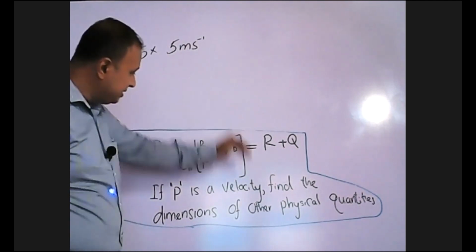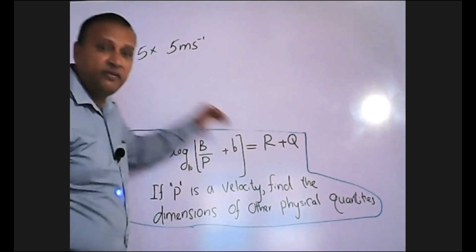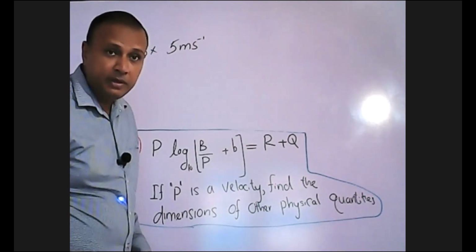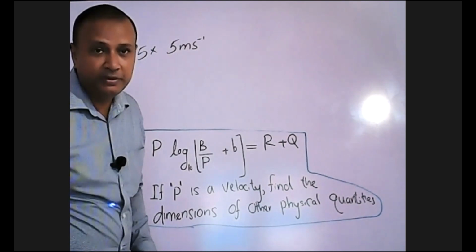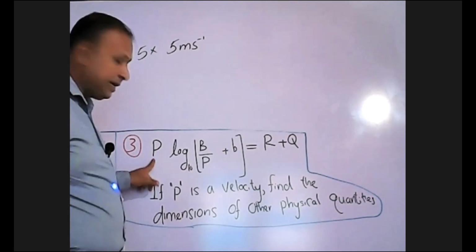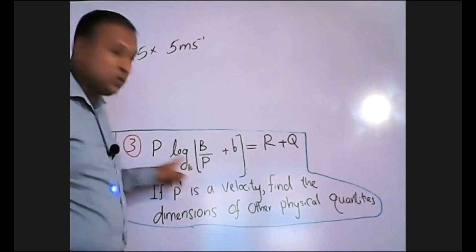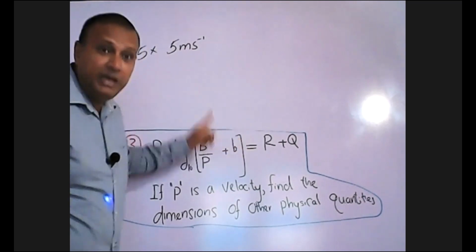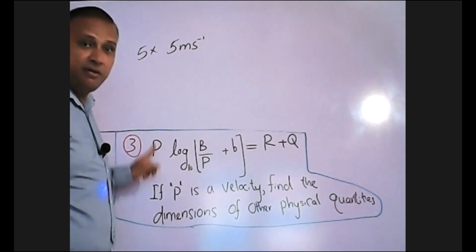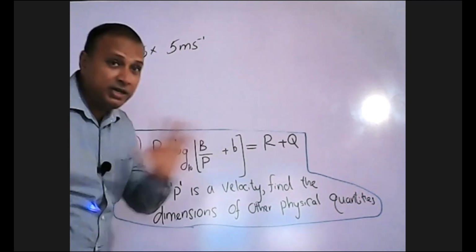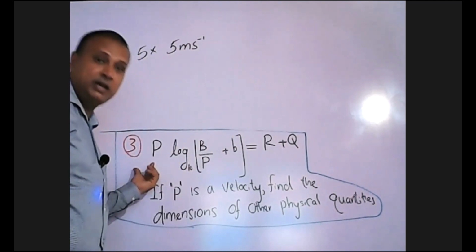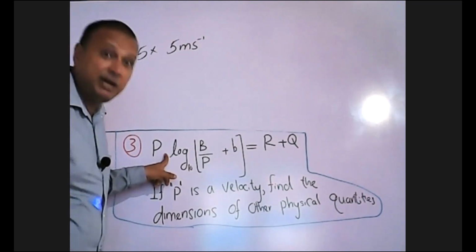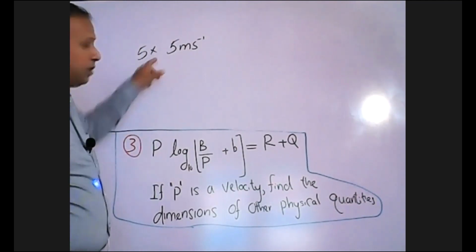Then what is the dimension of the entire left hand side? What is the dimension of a physical quantity times a number? The dimension of the left hand side should be equal to the dimension of P. Number into physical quantity means there is a multiplication.